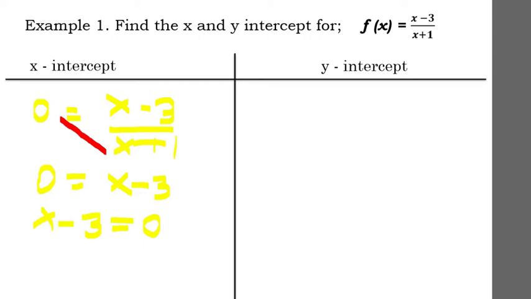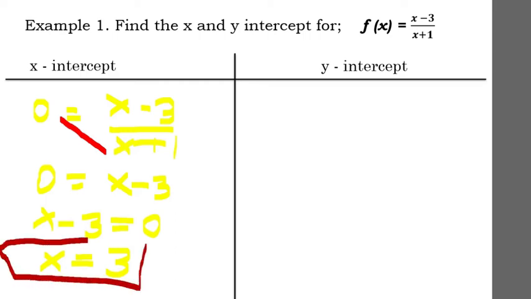So using the addition property of equality, or by transposition, we are going to transpose negative 3 to the right side of the equation. As you transpose, you change the sign. Since this is negative, it will become positive, and therefore the value of x is equal to 3.